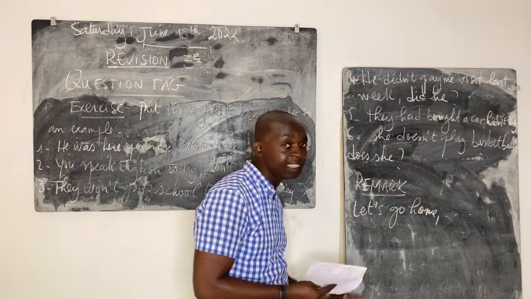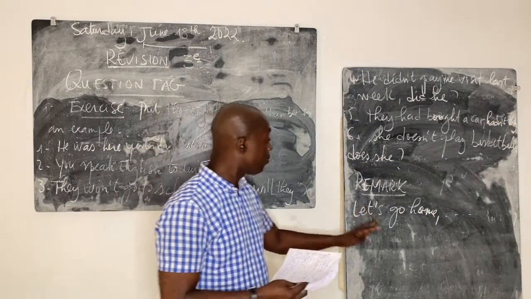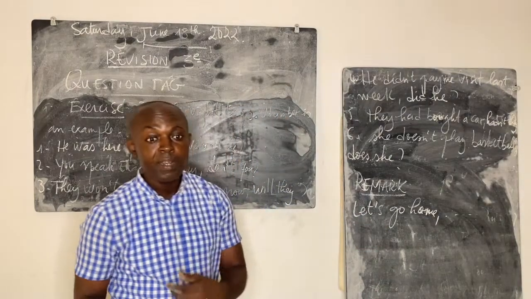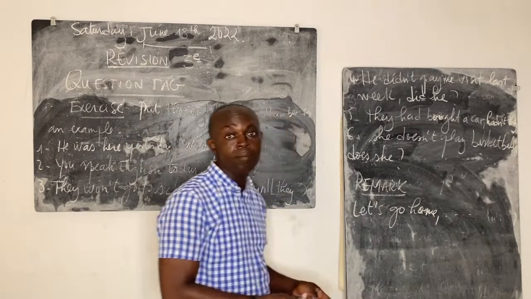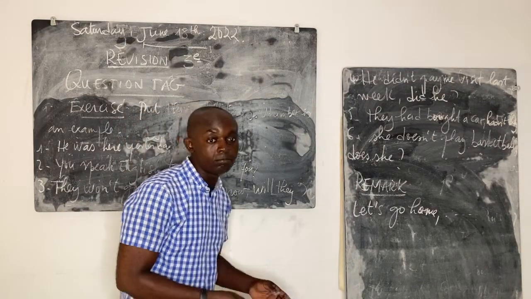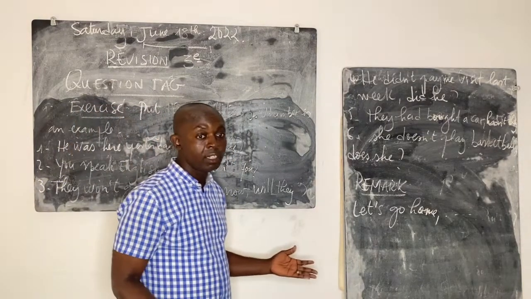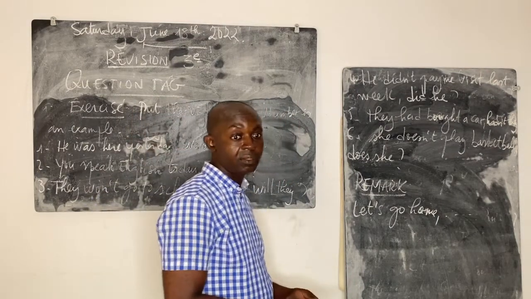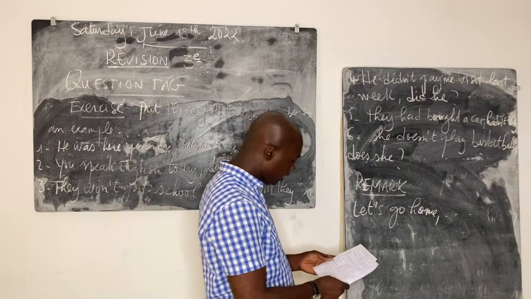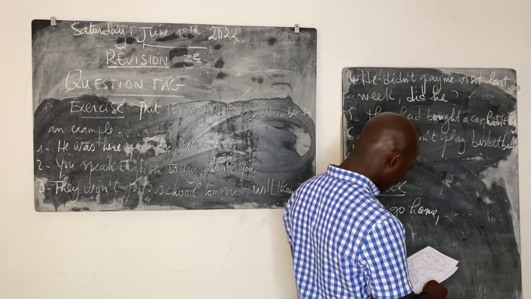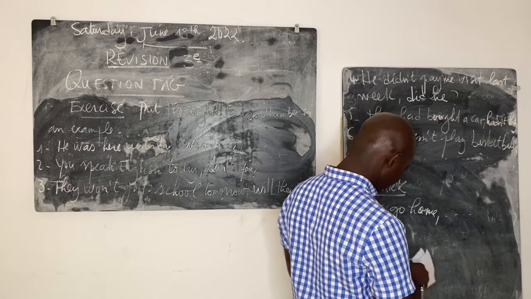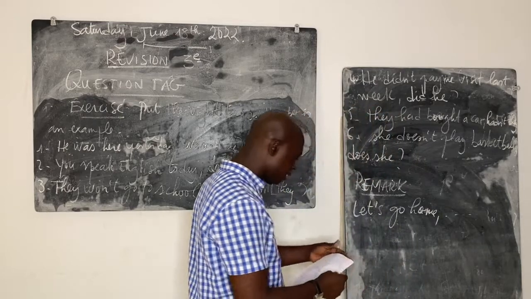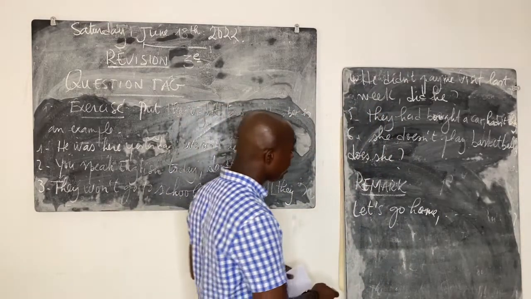So all the sentences that go in this way, let's go home, let's play, let's eat, let's learn our lessons, the tag becomes automatically shall we.